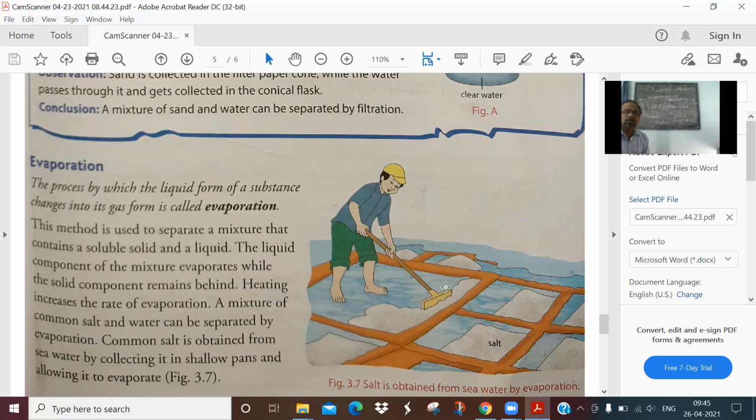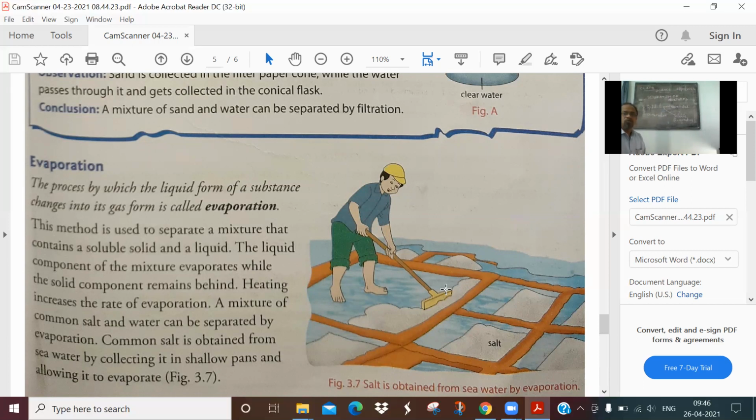Condensation, in scientific terms, means the opposite process of evaporation. Water vapor condenses to form water.